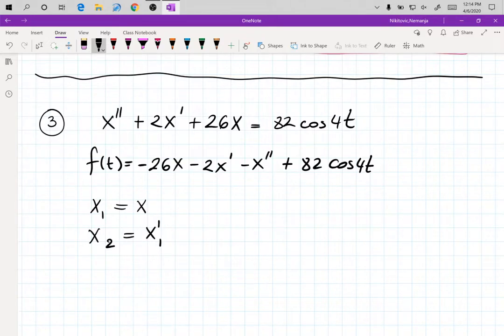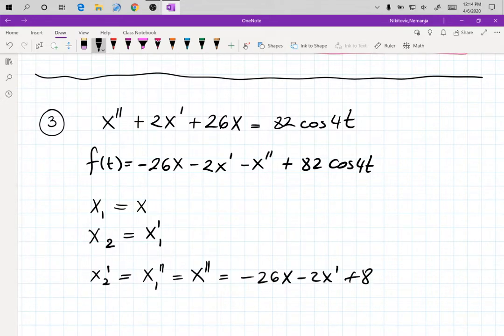So that's what we have, and clearly I need x2 prime. Now x2 prime is x1 double prime, which in turn is x double prime, and x double prime is negative 26x minus 2x prime plus 82 cosine 4t.